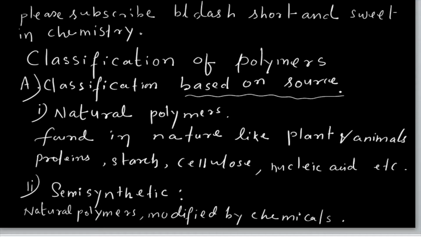But if you are getting it totally from nature, that is called natural polymers. Are you clear what is natural polymer? Found in nature. Nature gives plants and animals, where you will get that type of polymers, and that is called natural polymers.